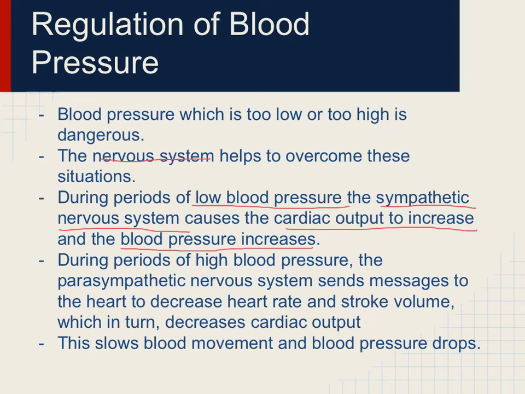During periods of high blood pressure, the parasympathetic nervous system sends messages to the heart to decrease the heart rate and stroke volume, which in turn decrease cardiac output. This slows blood movement and blood pressure will drop.